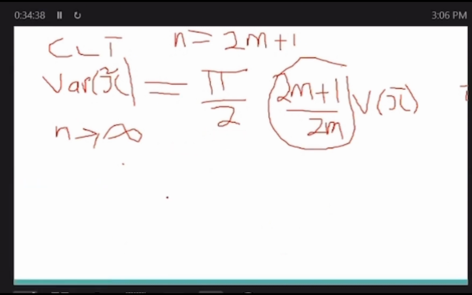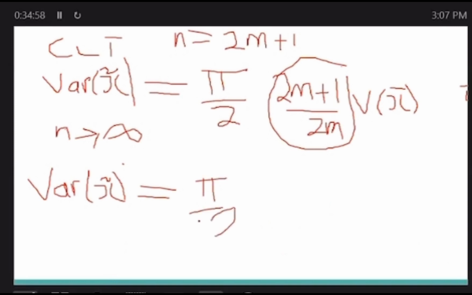The variance of the sample median will not be exactly but approximately pi over 2 times the variance of the sample mean.